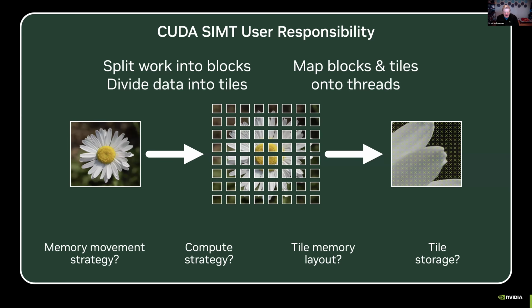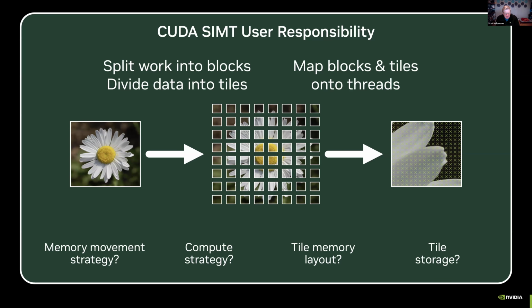If you're using tiles, you need to be responsible for what the memory layout of those tiles looks like, as well as storage and interactions with shared memory, for example. So you can think of CUDA as basically the system doesn't provide you any guidance. You are responsible for doing it all, for answering all of these questions.